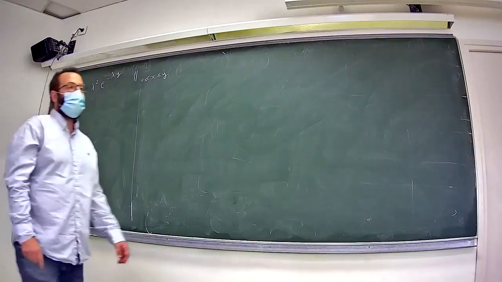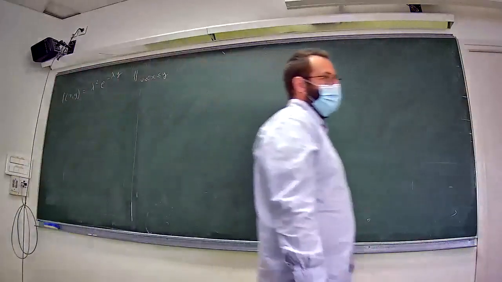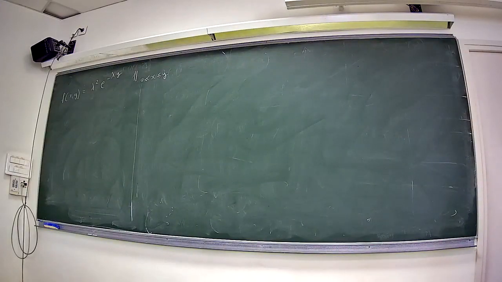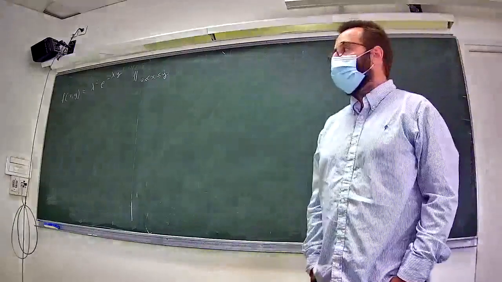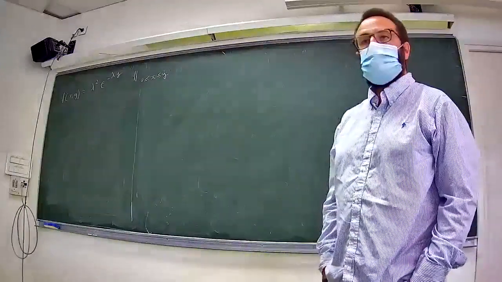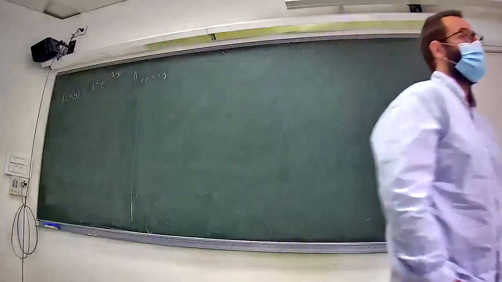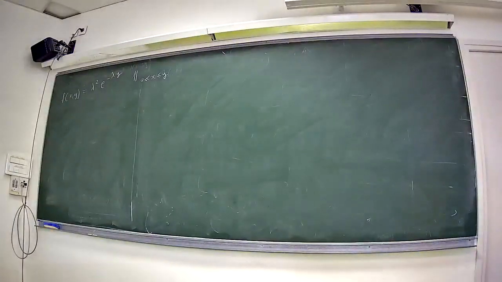From my previous remark, I can compute the integral in the order I want. First, I can compute the integral with respect to x, and then the integral with respect to y. What do you want to do? x or y? It will give rise to the same thing, but sometimes it's clever to do it on one side and not the other. So which side would you prefer to do?